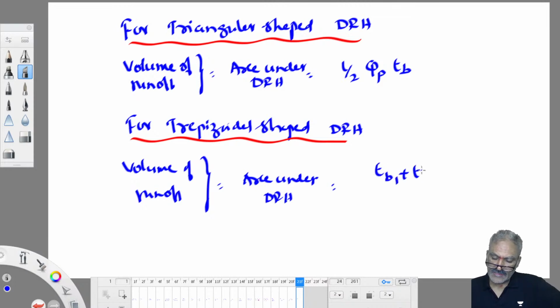So (TB1 plus TB2) by 2, that is (A plus B) by 2, into H. The peak is QP, into QP, that will give area under the curve.